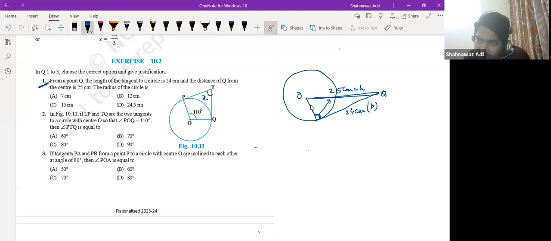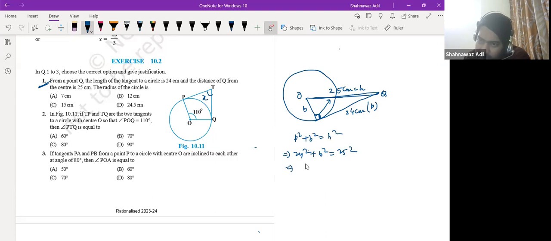That is what we have used. Perpendicular square plus base square equals hypotenuse square. Base was 24 square, hypotenuse was 25 square.